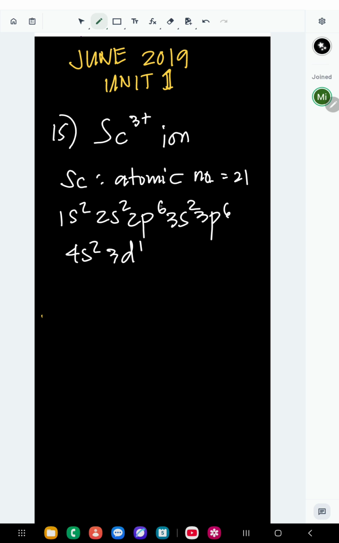So 2, 4, 6, 12, 18, 19, 20, 21. Okay, this is for the neutral scandium.